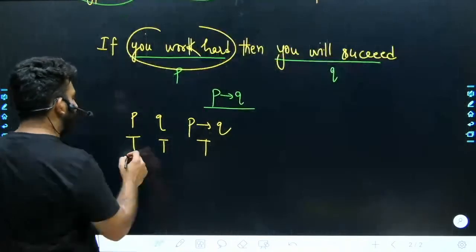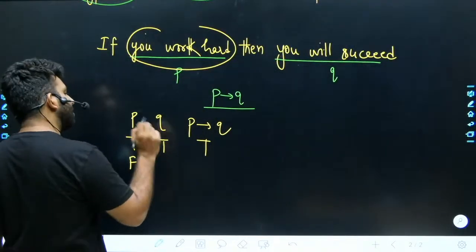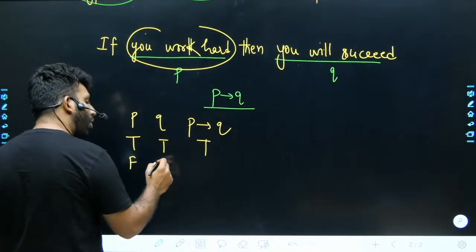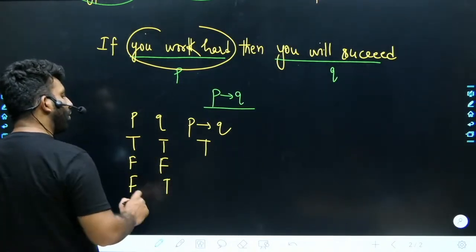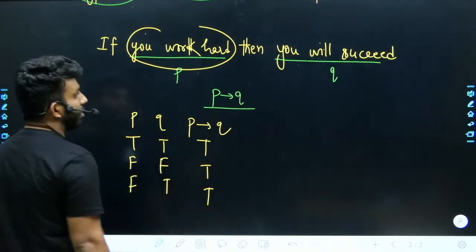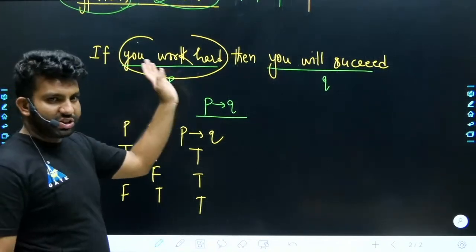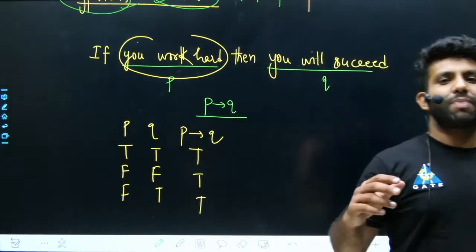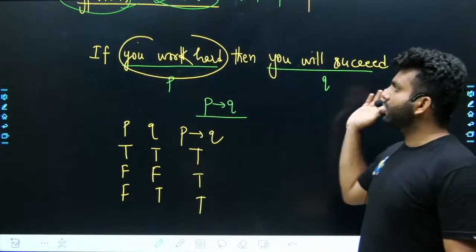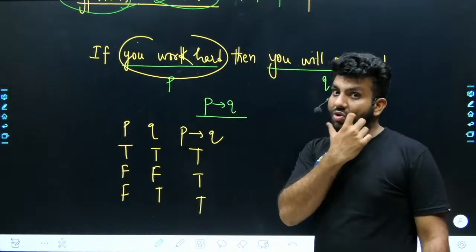That's why whenever we have P as false, irrespective of whether Q is false or true, it doesn't really matter. If P is false, it will always be true, because you have not fulfilled the initial condition. And if this initial condition was not fulfilled, that by default means that you have not got this.